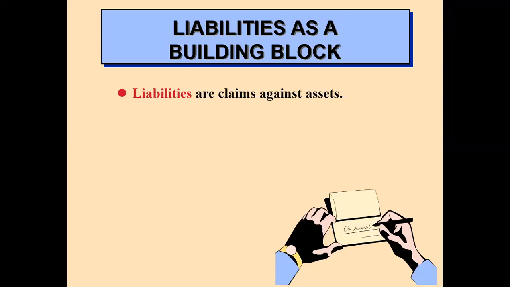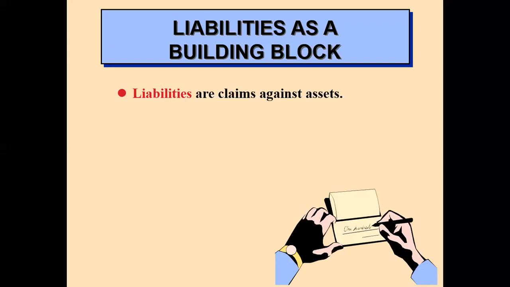Sir, is that meaning that shareholder, someone like? No, it's not shareholder. Like for example, you want to buy a bike. Now the bike price is, for example, 2,50,000 taka. Now for 2,50,000 taka, you have 1 lakh taka your own money, and the rest 1,50,000 taka you take as a bank loan.